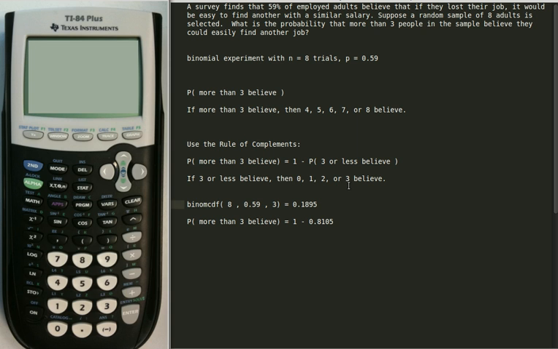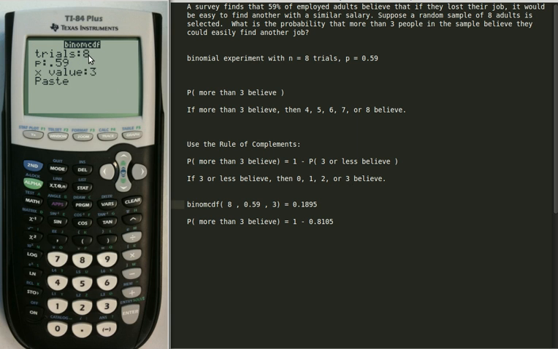Okay. So how do you use the binomial CDF command? Well, you would turn on the calculator and then go to second and then click on vars, and that brings up the distribution menu. Then you would scroll down until you get to binomCDF. The C there stands for cumulative, so it'll add up everything from 0 up to a certain point, and that's the one we want.